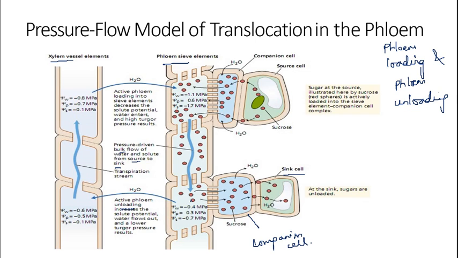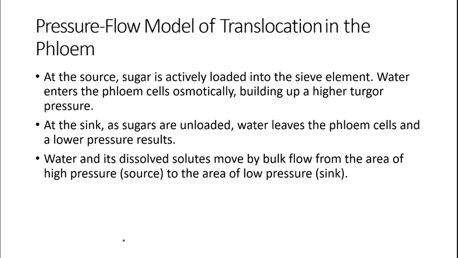So in active phloem unloading, when the solute is moving towards the sink cell, then water goes out, so turgor pressure in that case is decreased. Again, I have explained that sugar is actively loaded into the sieve element.